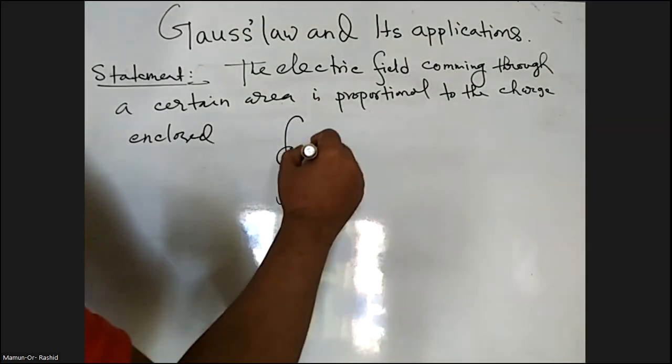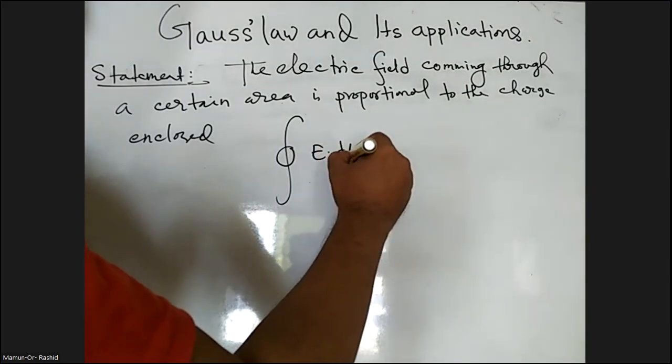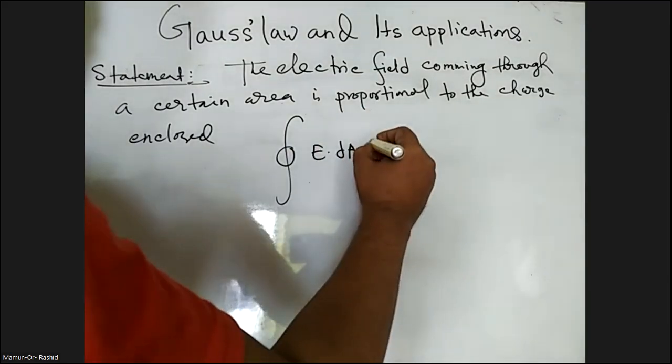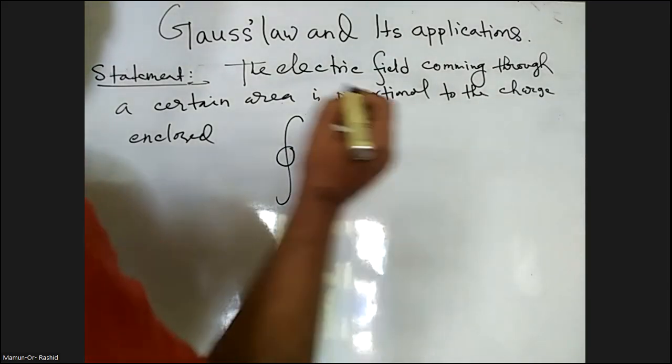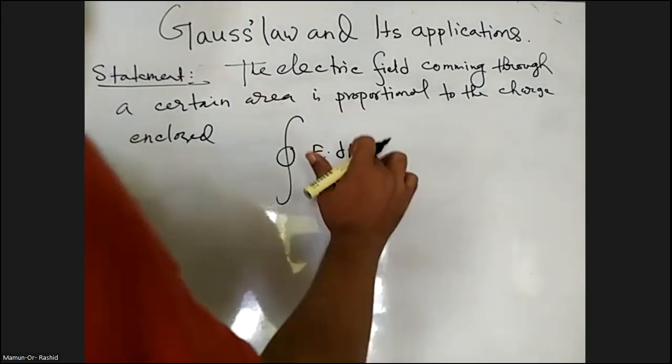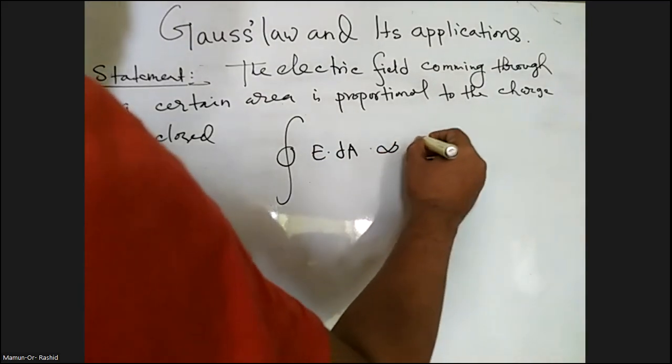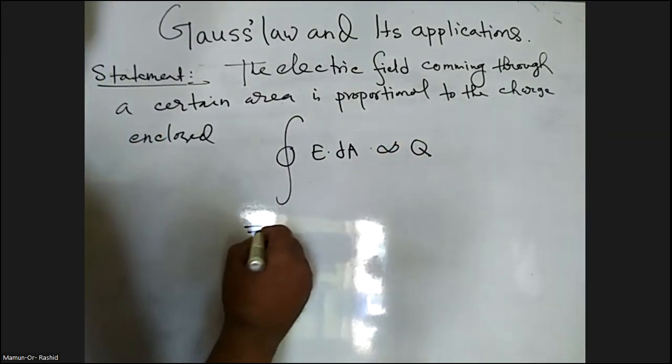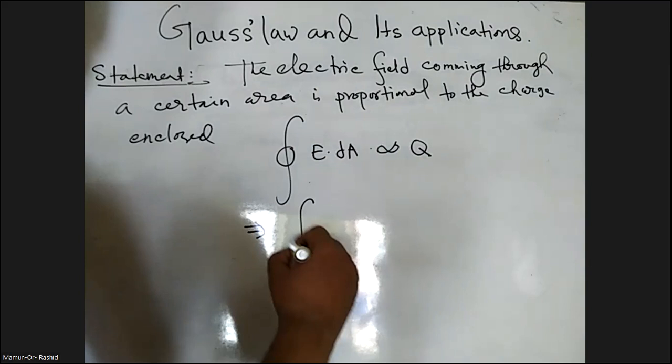So this equals the small area. The total electric flux due to the electric field is proportional to the total charge Q.